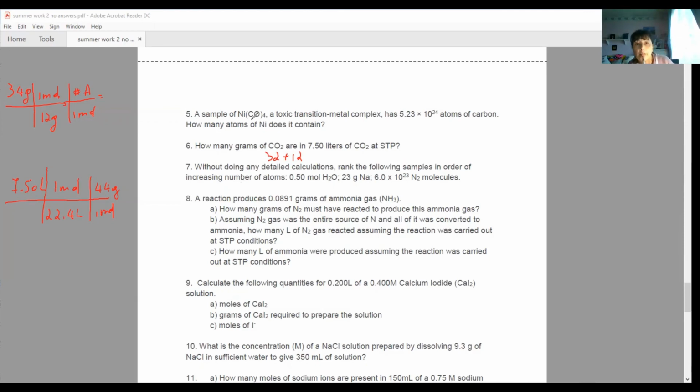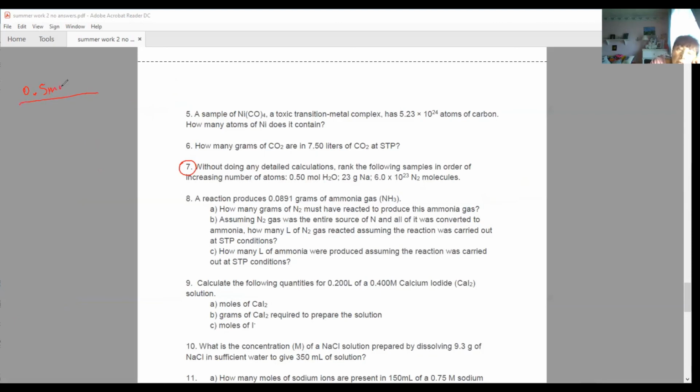Then number 7: without doing any detailed calculation, rank the following samples in order of increasing number of atoms. That's the one you actually asked in class. For this one you have half a mole of H2O. How many atoms are there?